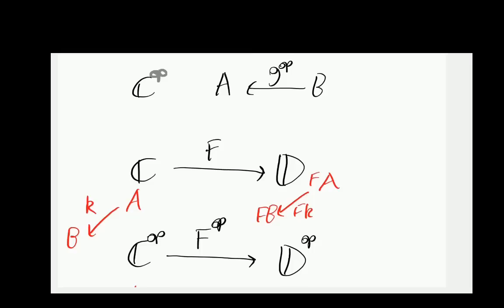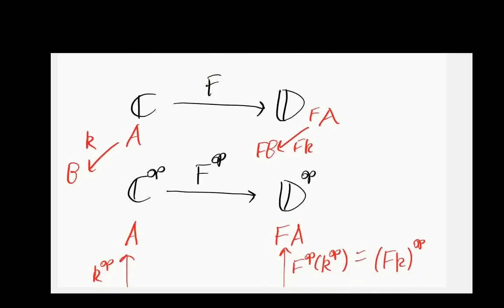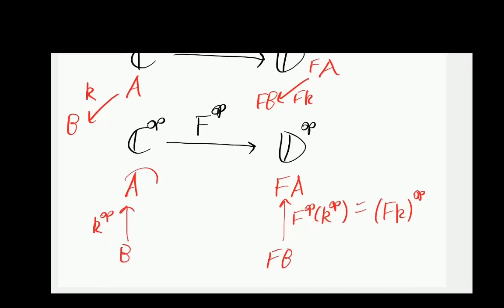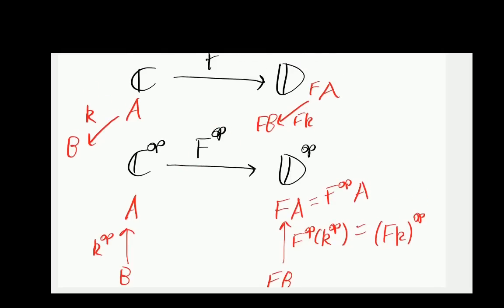So how is the opposite of this functor F defined? How does it work on objects and how does it work on arrows? It works on objects the same way that F works. It sends a to F of a. So this is the same thing as the opposite of this functor operating on a. How does F op work on arrows?